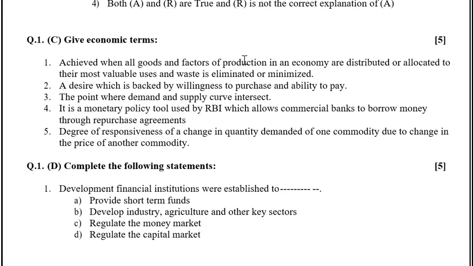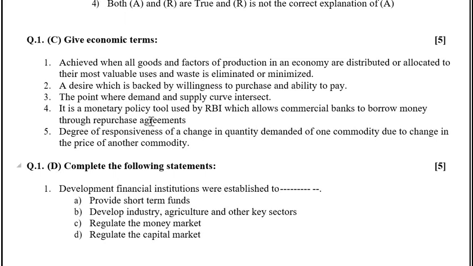Let's go to question number 1C, give economic terms. 5 marks again. First one, achieved when all goods and factors of production in an economy are distributed or allocated to their most valuable uses and waste is eliminated or minimized. You have to write the economic term quickly. Second, a desire which is backed by willingness to purchase and ability to pay. Third, the point where demand and supply curve intersect.